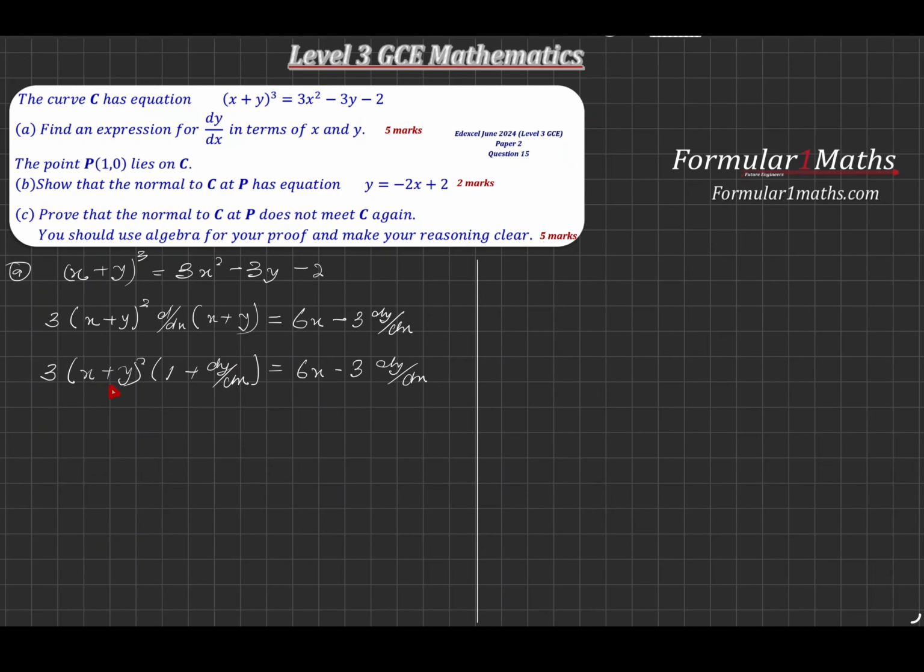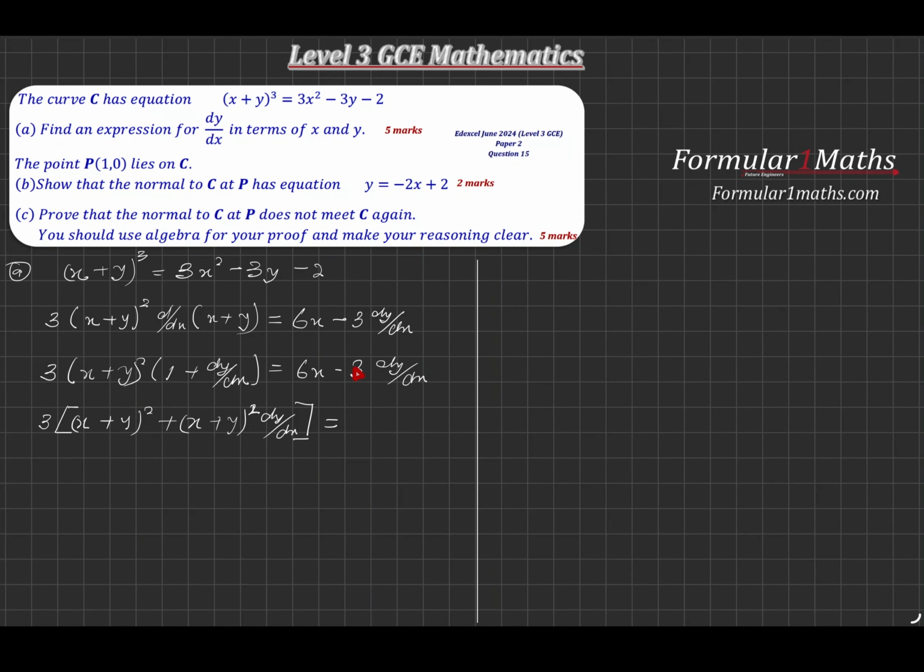Now I'm going to expand these brackets, but I'm going to leave the 3 outside. I get (x + y)^2 times 1, which is (x + y)^2, plus (x + y)^2 times dy/dx, which gives me (x + y)^2 dy/dx.